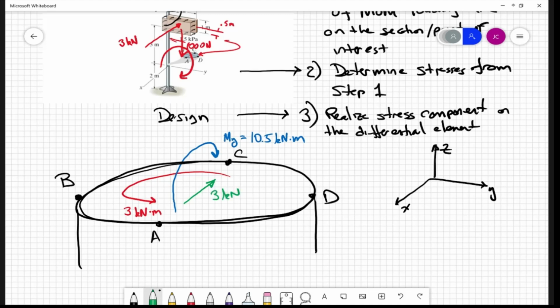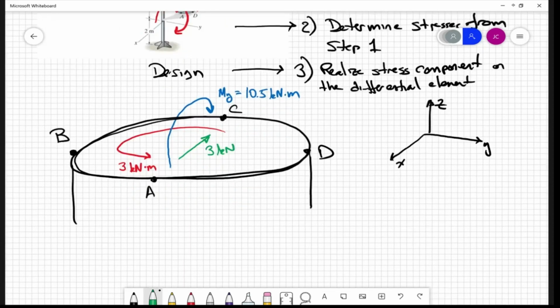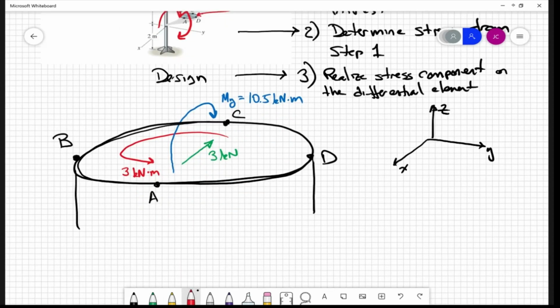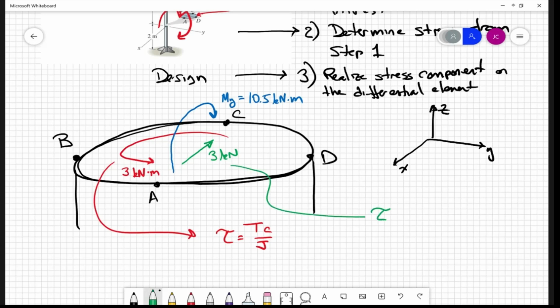All right, so what are we going to have? This stress here is going to produce a shear stress, TC on J. This transverse shear stress is also going to produce a shear stress, but it's evaluated as VQ on IT.